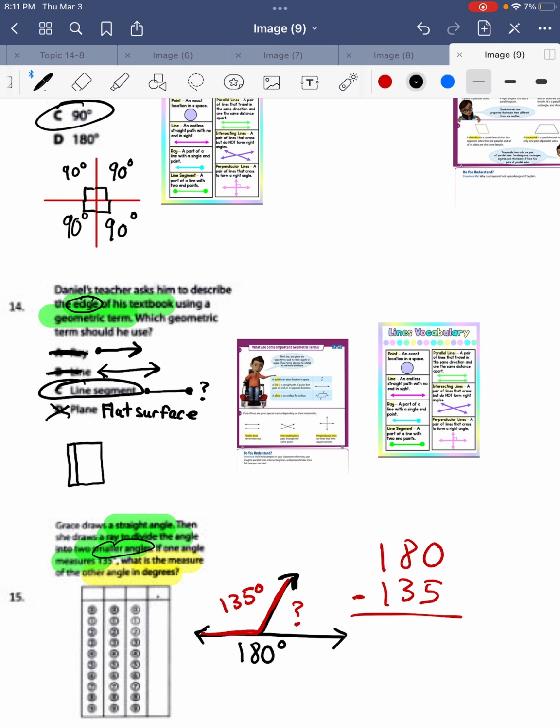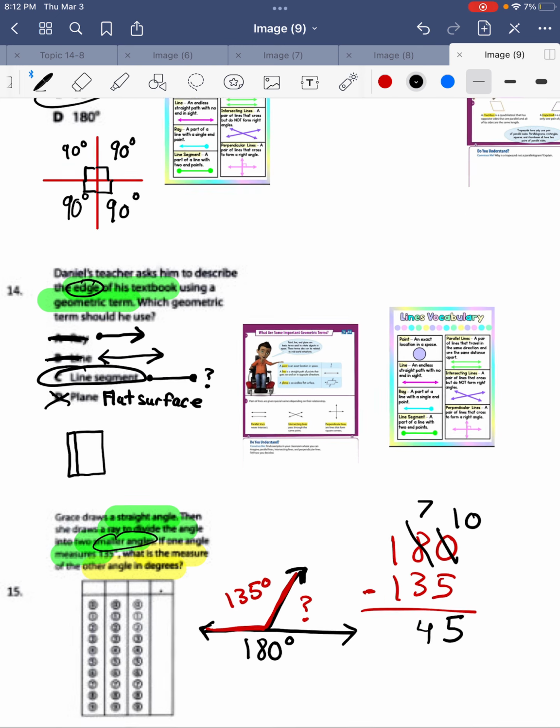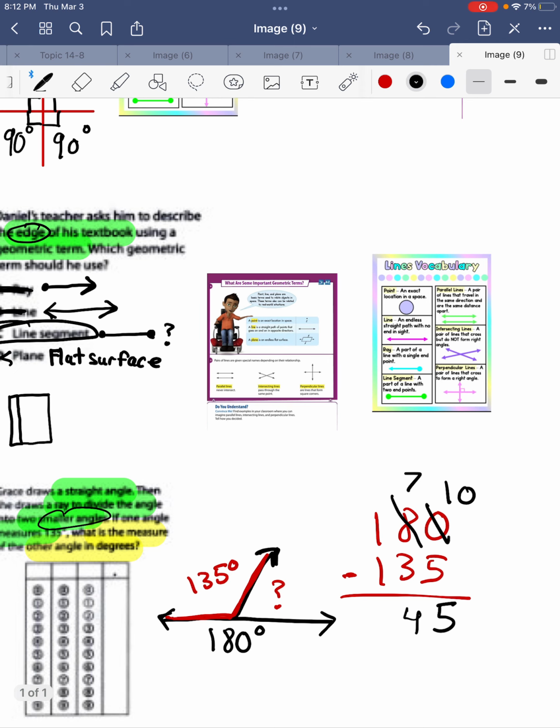I cannot do 0 minus 5. I take away from the 8. It becomes a 7. The 0 becomes a 10. 10 minus 5 is 5. 7 minus 3 is 4. 1 minus 1 is 0. So the other angle is 45 degrees.